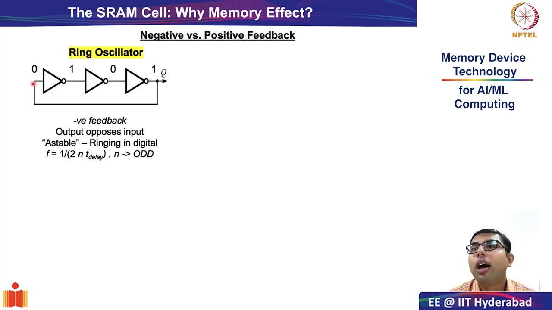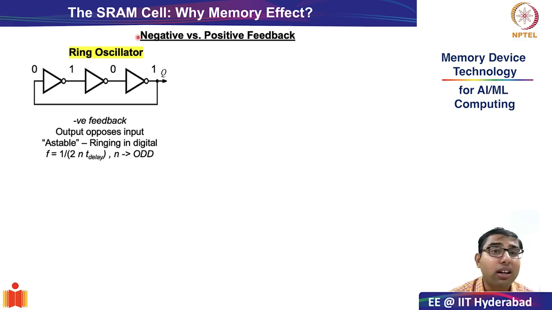Because the output of inverter 1 is connected to the input of inverter 2, the output of inverter 2 is connected to the input of inverter 3, and with the feedback, the output of the last stage, which is inverter 3, is reconnected back to the input of the first stage, which is inverter 1. Right? So this is the structure. If you have done a course on digital logic, you will know that this is called a ring oscillator.